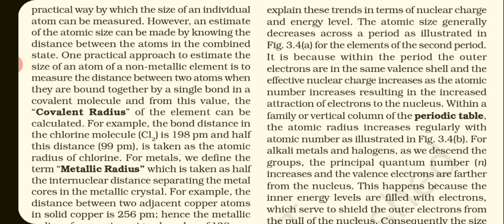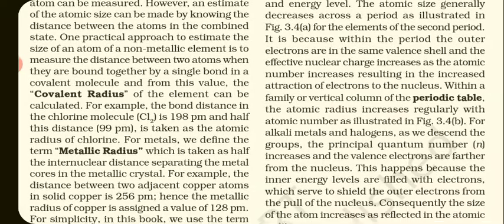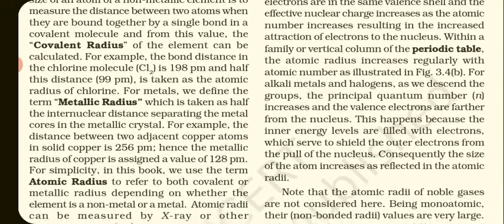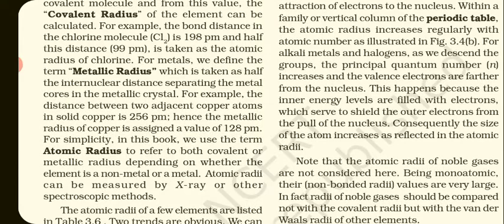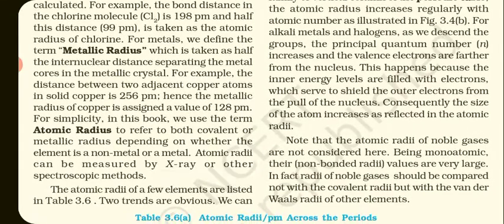From this value, the covalent radius of the element can be calculated. For example, the bond distance in the chlorine molecule Cl2 is 198 picometer, and half of the distance, 99 picometer, is taken as the atomic radius of chlorine.